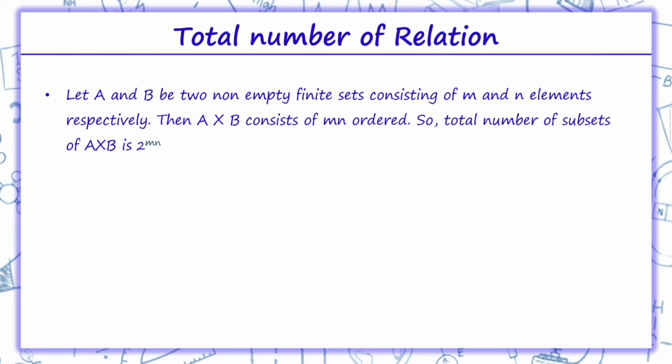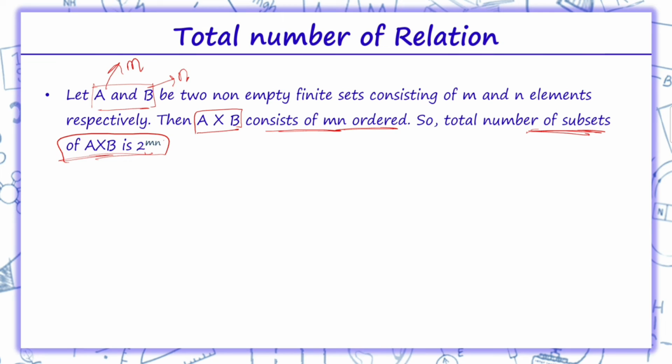Now coming on to total number of relations. Let's suppose we are provided with two non-empty sets A and B. This A consists of m elements and this B consists of n elements respectively. If A cross B consists of mn ordered pairs, so total number of subsets of A cross B will be 2 to the power mn.